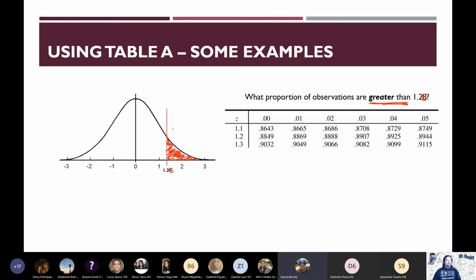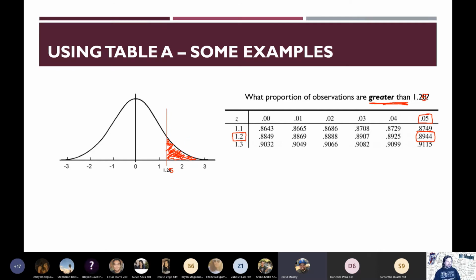That would show the greater than portion. So we already know, we have 1.2, 0.05, and that lands on my table, 0.8944. But that's the portion less than 1.25. I need the portion greater than. Remember that the area under the curve equals 1 as a total.